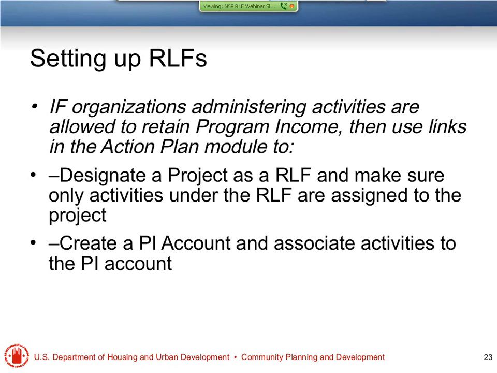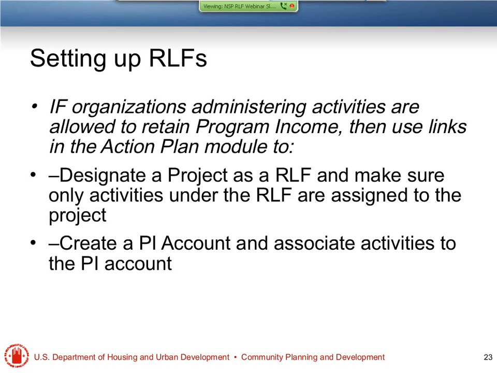Now, typically, as we'll see in the next slide, you're really talking about an RLF for a specific activity, right? You're setting up an RLF at the project level within DRGR but you're also associating it with a single specific activity. And really, the RLFs are going to have that 1-to-1 ratio. You're creating an RLF to carry out a very specific activity.